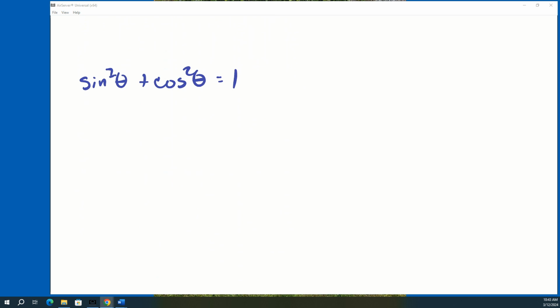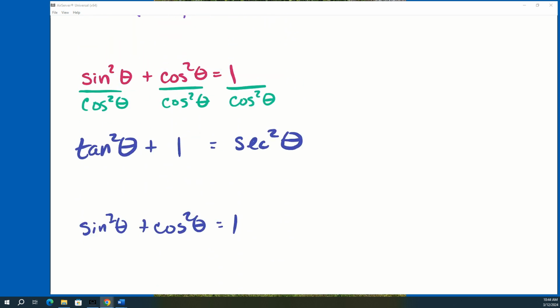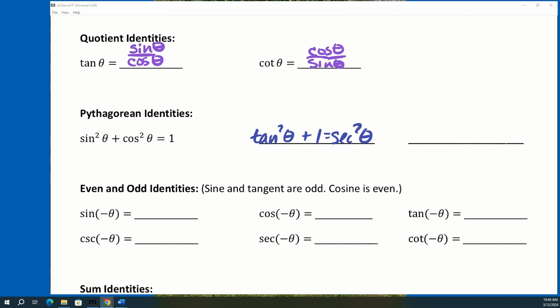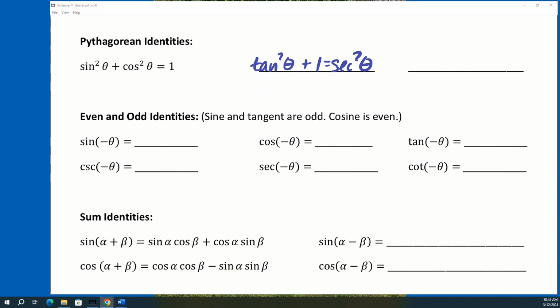So divide each term by sine squared of theta and see what you end up with. All right, what did you get? Good.